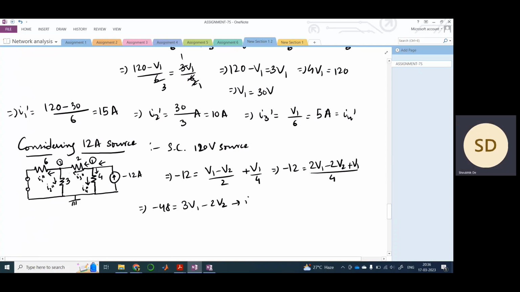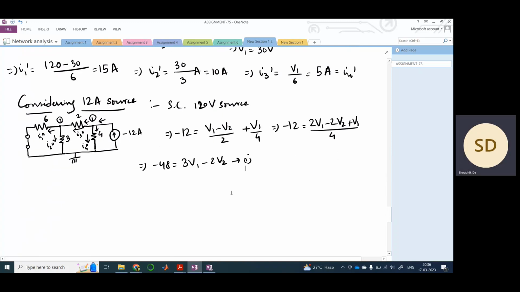Now this is the first equation. Now in node 2, what would be the equation? It would be (V1 minus V2) by 2. Here this current is flowing and it is getting divided into this part. So basically I3 double dash equals I2 double dash plus I1 double dash.